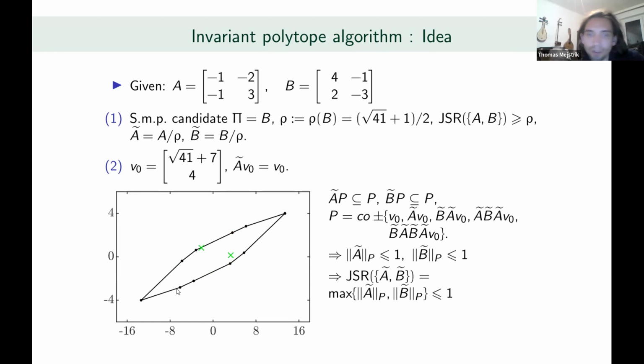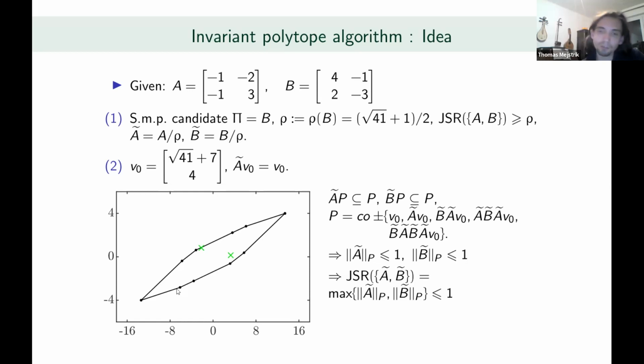And what have we gained? This black polytope is invariant under the matrices A tilde and B tilde. So now we construct the vector norm with this unit ball, and then look at the induced matrix norm. By construction, the matrix norm of A tilde and B tilde is less or equal than 1.